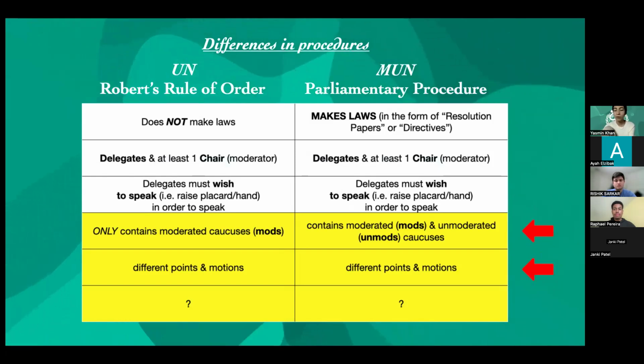And for anyone who didn't come to previous workshops, it's just going to be like learning from scratch. It's completely fine. All you need to know about the difference between moderated caucuses and unmoderated caucuses, aka mods and unmods, is that it's within the name. It's kind of self-explanatory a little bit.